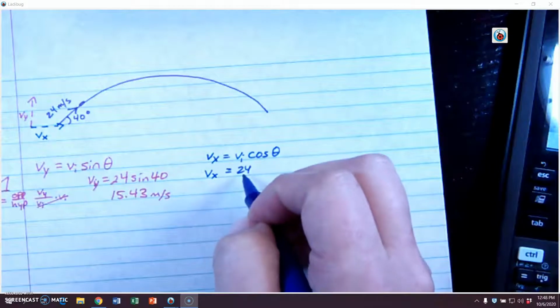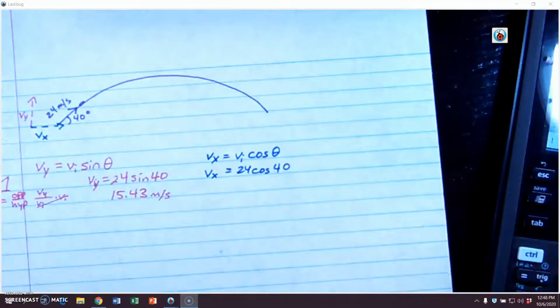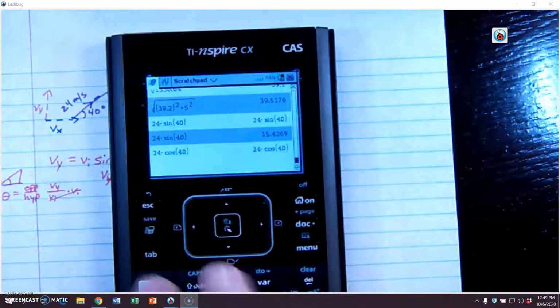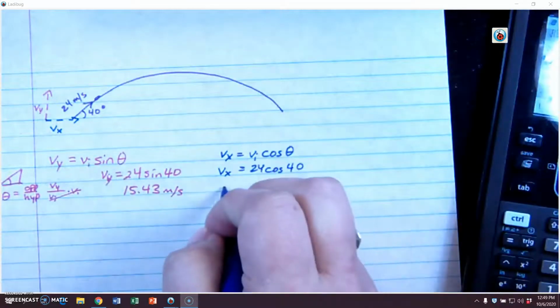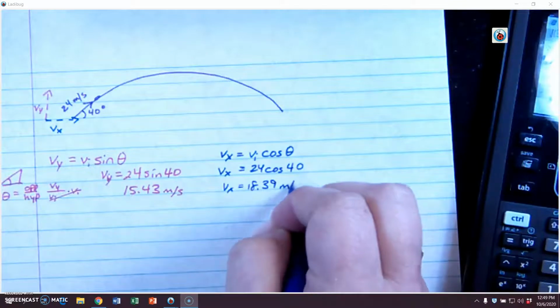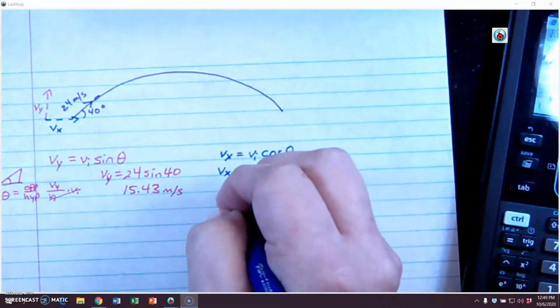All right, so I'm going to use 24 for my initial velocity and 40 for my angle. So 24 times the cosine of 40 gives me 18.39 meters per second. So that's my initial velocity in the x direction.